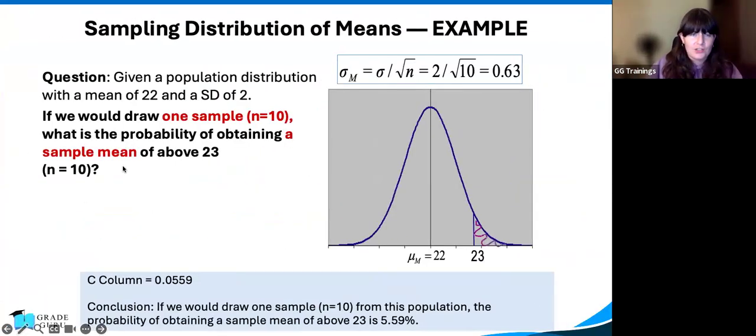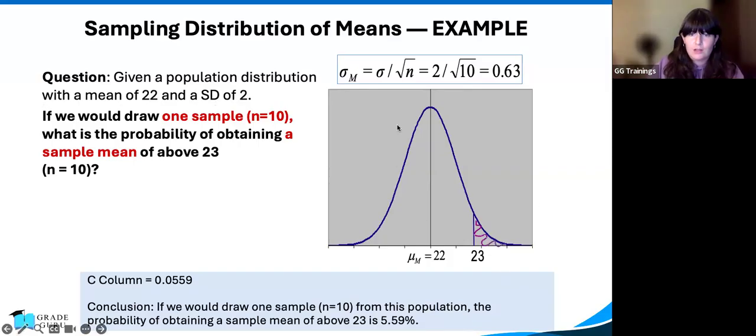So this is the kind of question you get. Given a population distribution with a mean of 22 and an SD of 2, so that's population mean and population SD. If we would draw one sample from this population, N equals 10, what is the probability of obtaining a sample mean of above 23? You see it's the same question and you follow the same process.